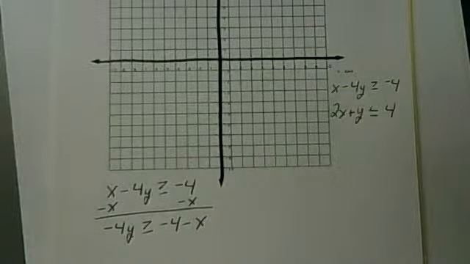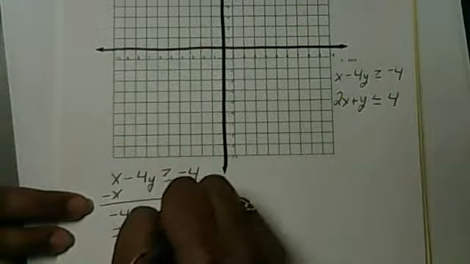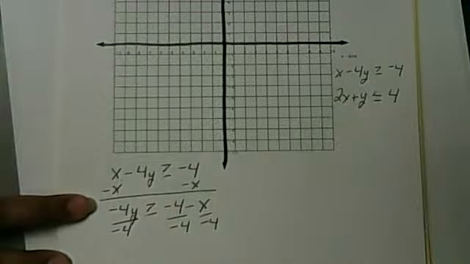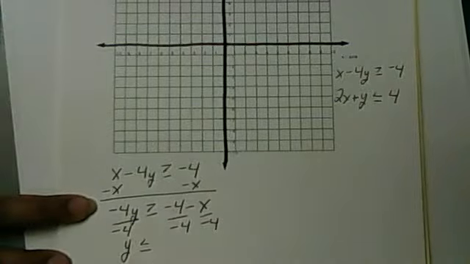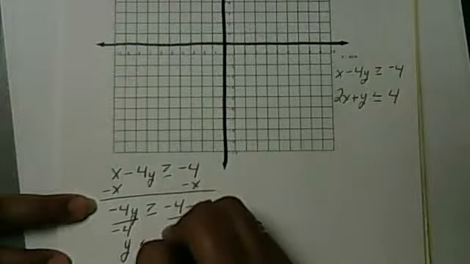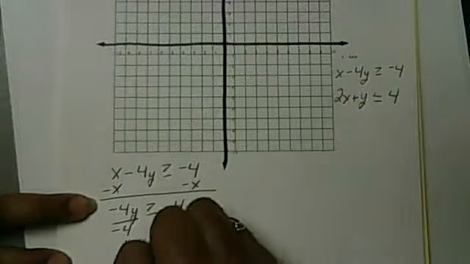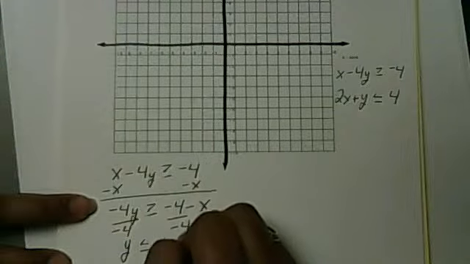We're going to divide everything through by a negative 4. Remember, when you divide by a negative number, you must flip the inequality symbol. So you go from greater than to less than or equal to, negative 4 divided by negative 4 is 1, and then this gives you plus x over 4. That's your first one.